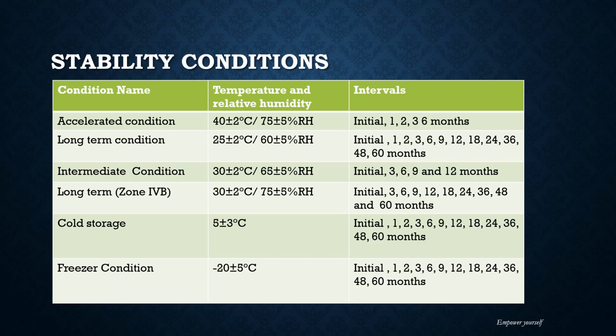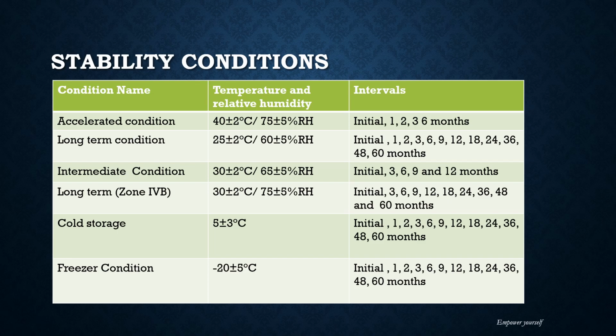The intervals include initial, 3, 6, 9, 12, 18, 24, 36, 48, and 60 months. This is how we verify and give the assurance that my product is stable for a longer duration.